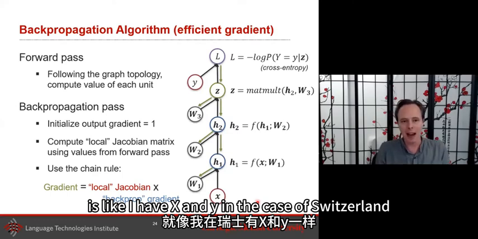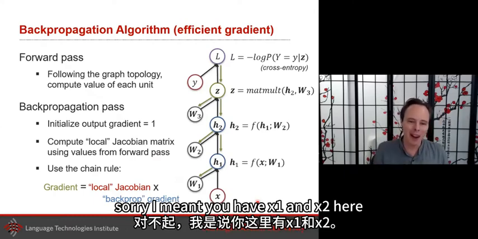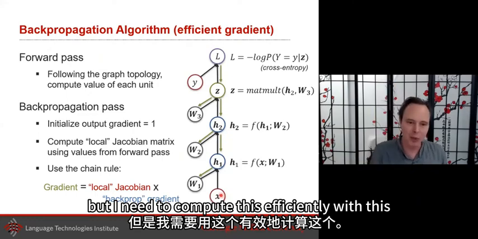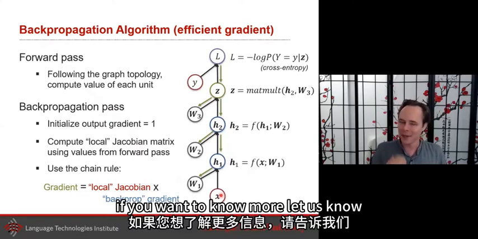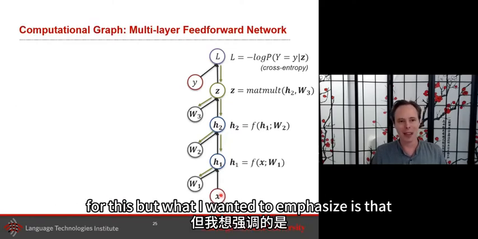In the case of Switzerland, sorry, I meant you have X1 and X2 here, the two directions I could go in my Switzerland space, but I need to compute this efficiently. Okay, so this is backpropagation. If you want to know more, let us know. We can give you plenty of pointers on that.